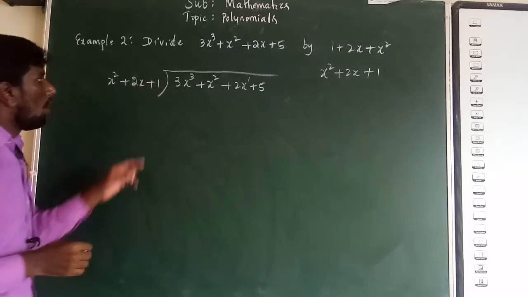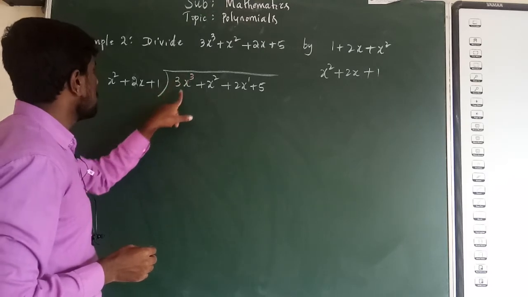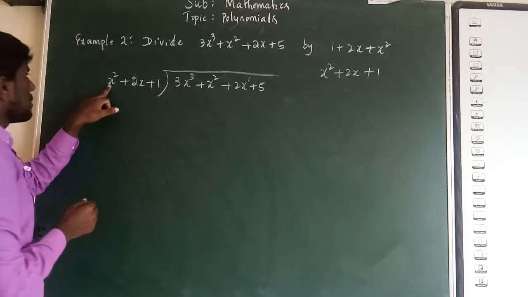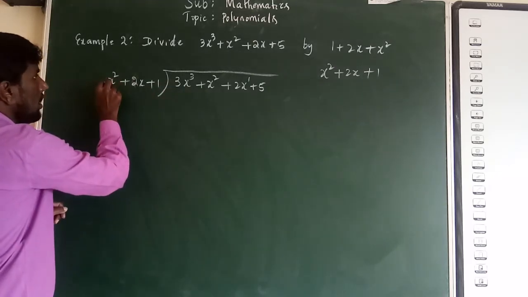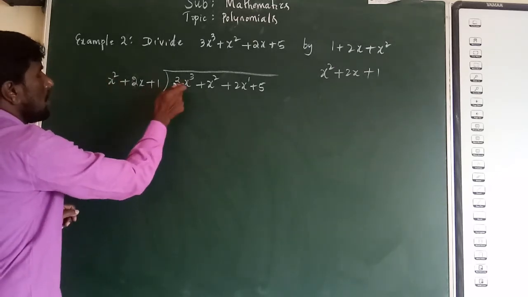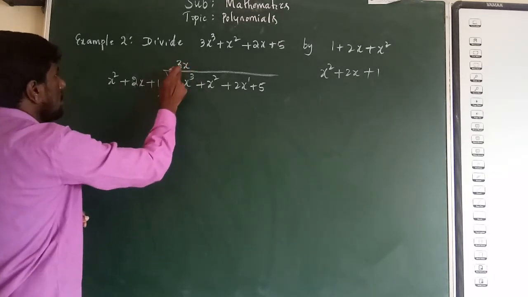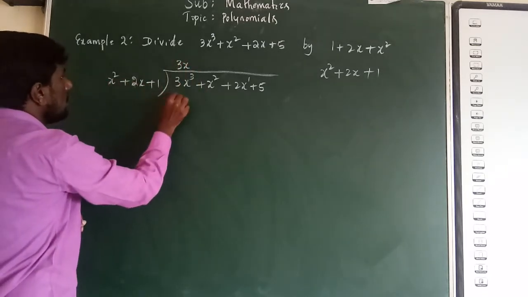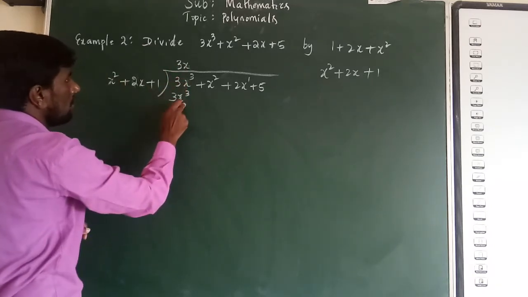Now obviously, what is the term I should get here? 3x cubic I should take. So what should I multiply with this to get 3x cubic? I should multiply with 3, then I already have x square, so I need to multiply with 1 more x. So 3x into x square, x cubic. Same value I will be getting here.